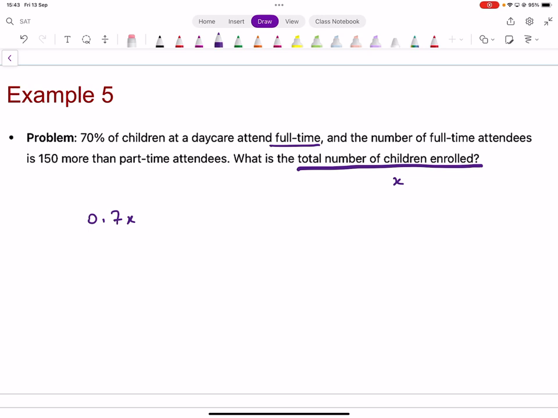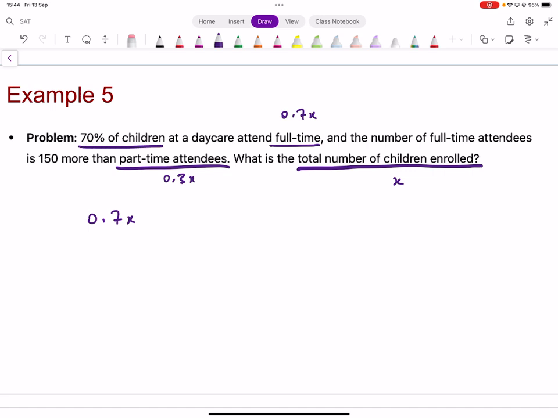Now this number is 150 more than part-time attendees. We have two categories, full-time and part-time. If full-time are 0.7x, what about part-time? They should be 0.3x, 30%. If 70% attend full time, the remaining 30% attend part time. Right?